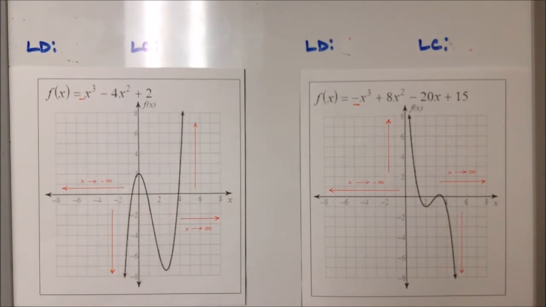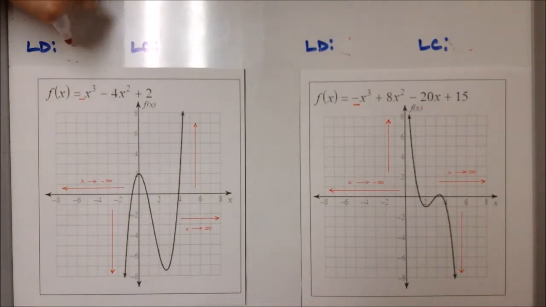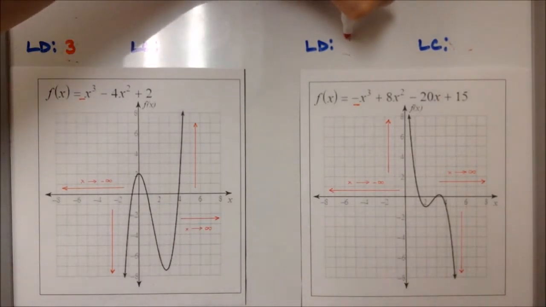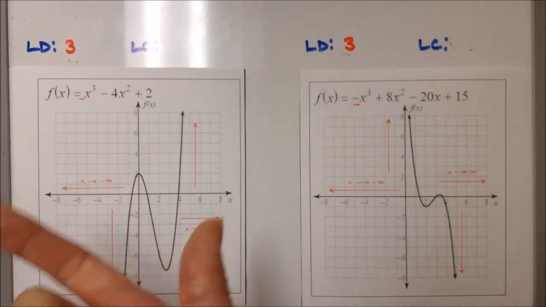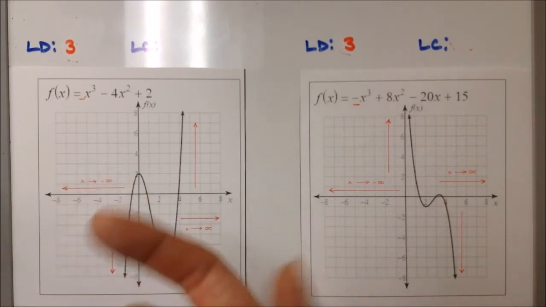So both of them have the highest exponent of 3. Now, the concept still applies if the leading exponent is 5, 7, and so on.